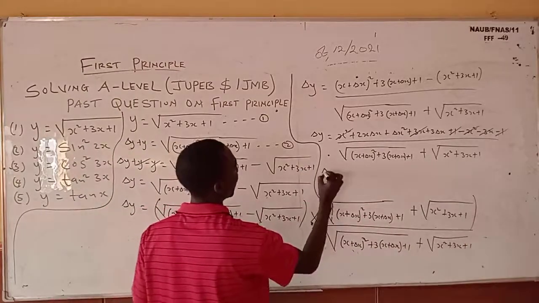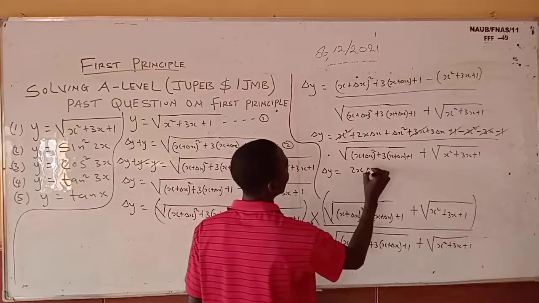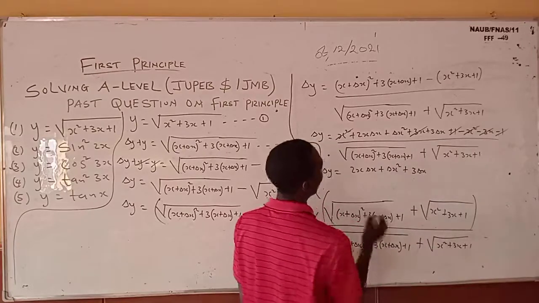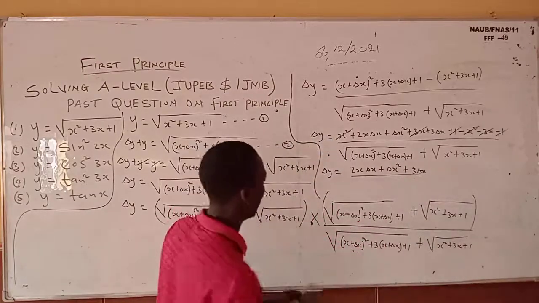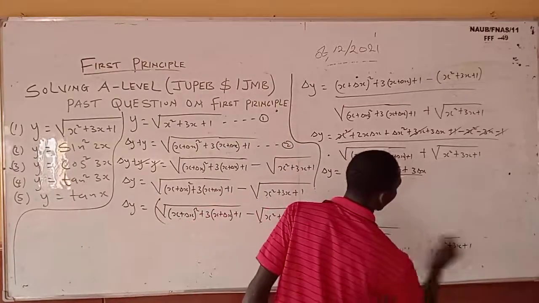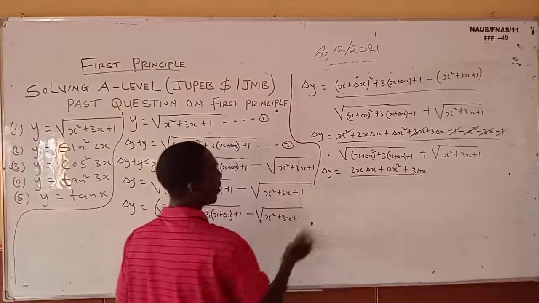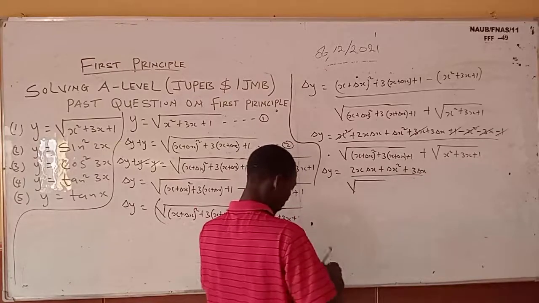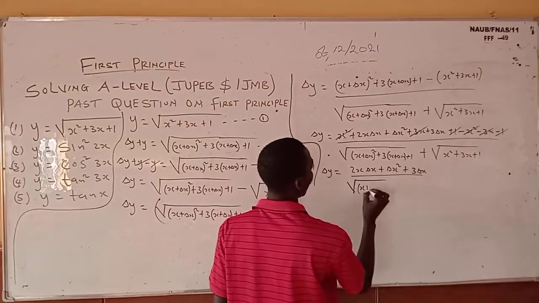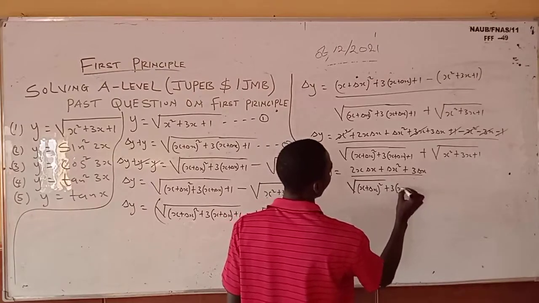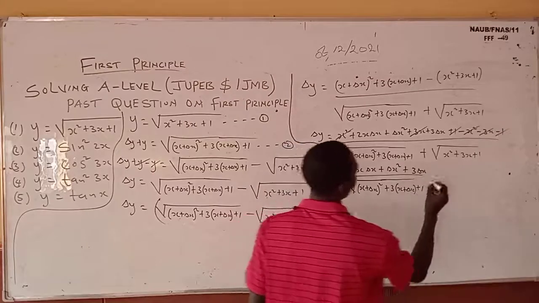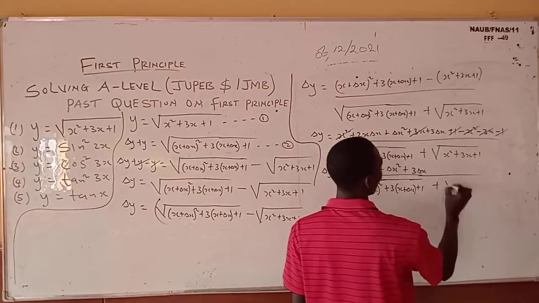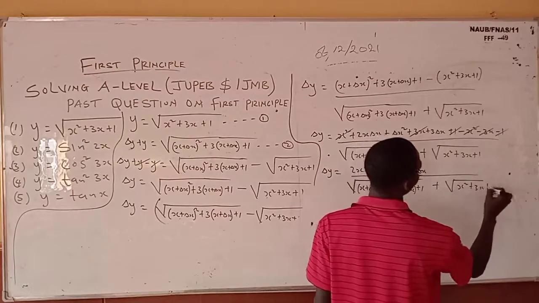So now change in y will be equal to 2s change in s plus change in s squared plus 3 change in s, all over the square root of s plus change in s squared plus 3 into s plus change in s plus 1, plus the square root of s squared plus 3s plus 1.